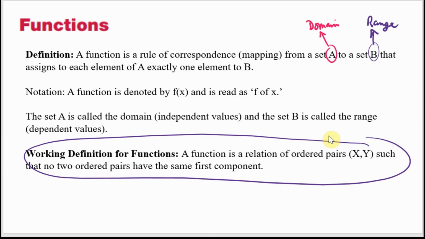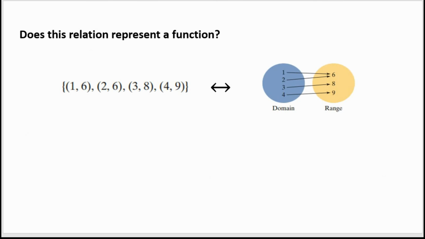So let's look at this. Here, 1 goes to 6, 2 goes to 6, 3 goes to 8, and 4 goes to 9. My question is, is this relation a function? Yes, it is. We can have that overlap on the range, but I can't have 1 going to 6 and then 1 going to 8.